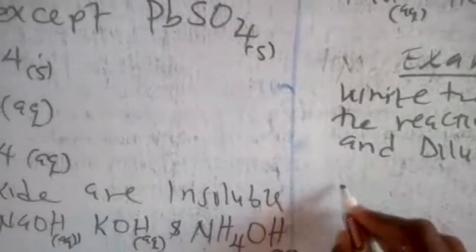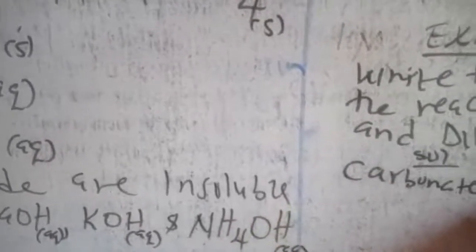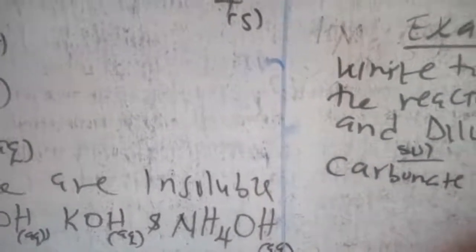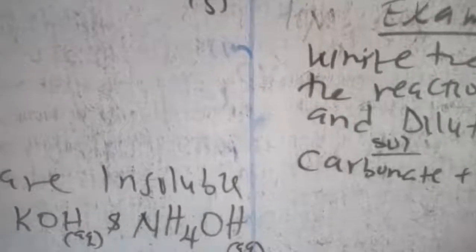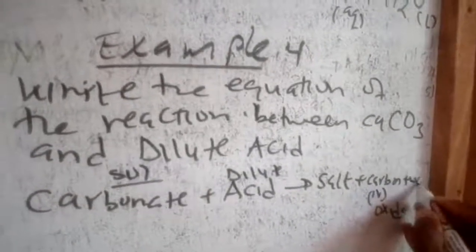acid. As far as a carbonate and dilute acid are concerned, you're supposed to get a salt, and you also get carbon dioxide, and you get water in the process.